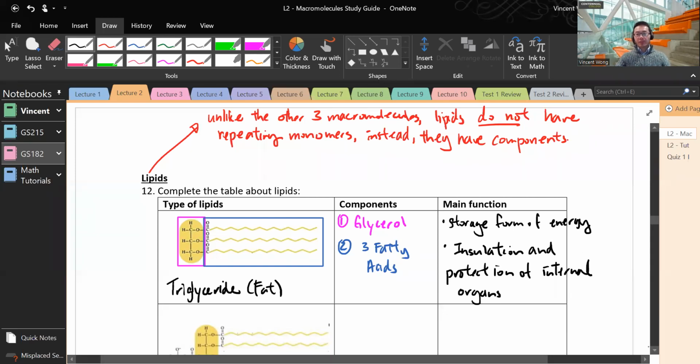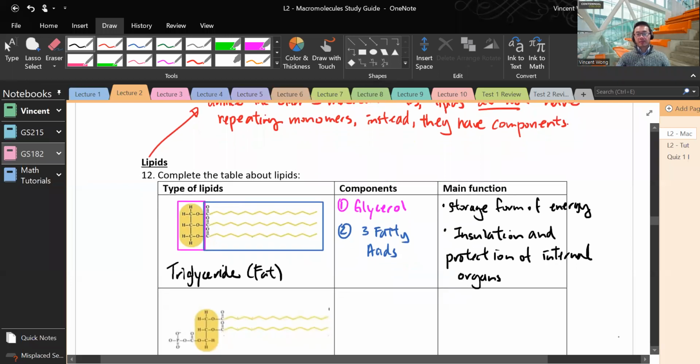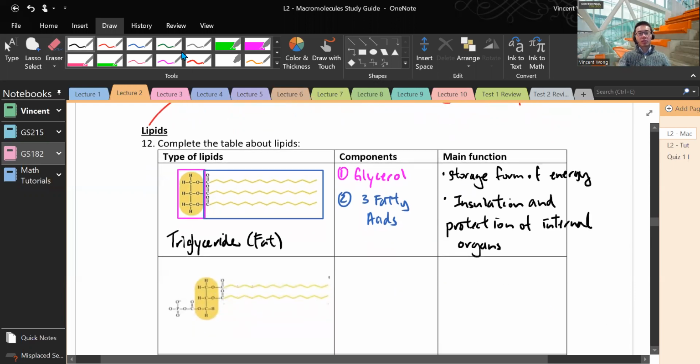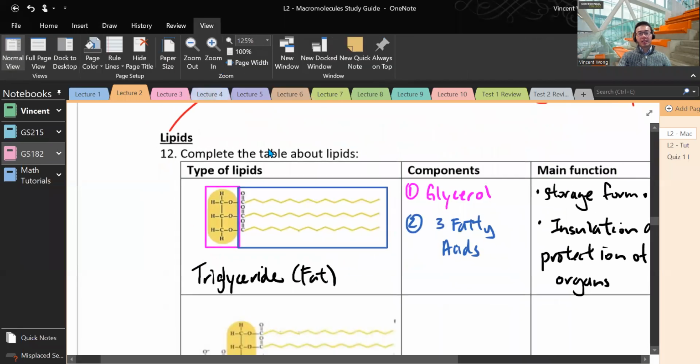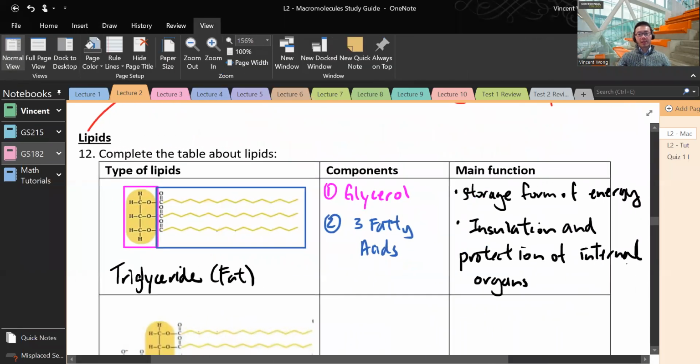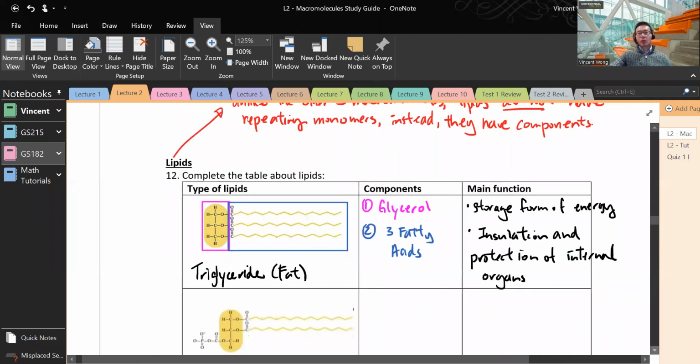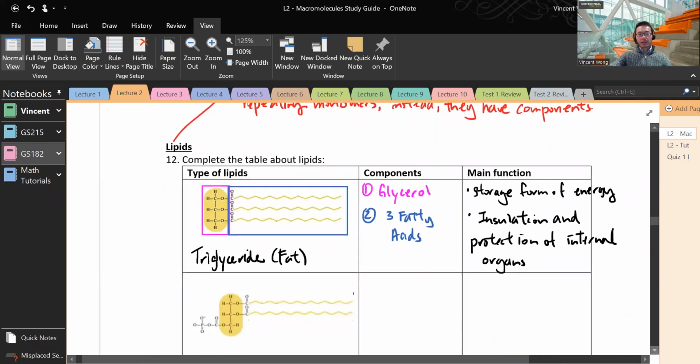If you fall down, the fat is going to act as a bit of cushioning, just like bubble wrap, that would protect the internal organs. Too much might not be healthy, but it's normal to have some. In fact, it's essential to have some around the organs. So there you have it.